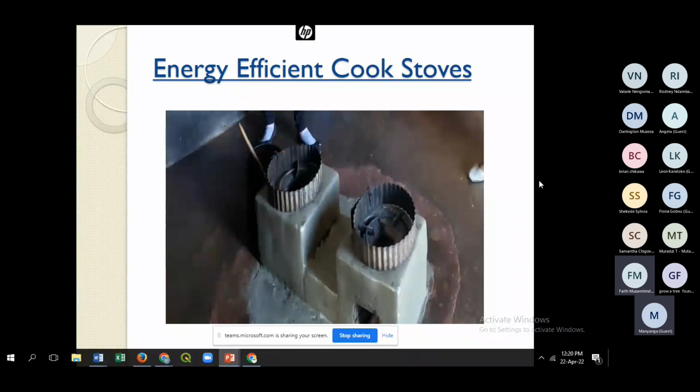And it's critical that we install these technologies and protect our women and girls from hazards that are posed by open fire cooking. So what these technologies do is to improve energy efficiency by about 75%, and also ensure that they do not require big logs for cooking, but just twigs and shells of maize, even cow dung.